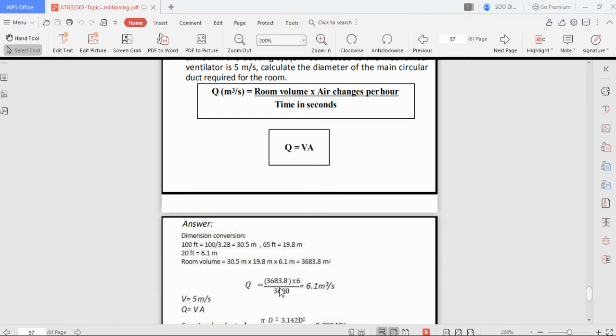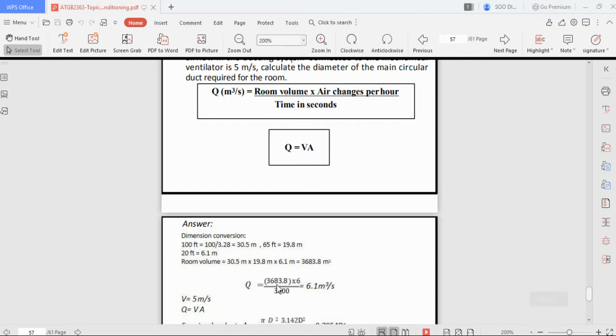That's why this 3600 is 60 times 60, which is 60 minutes multiplied by 60 seconds. Then you will get your time in seconds. So if it is 1 hour, this will be 3600 seconds.